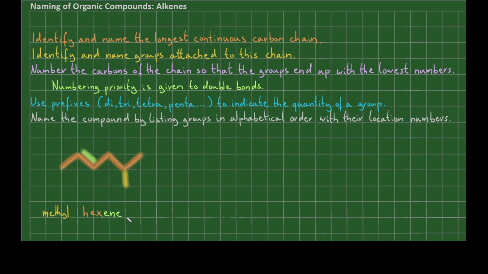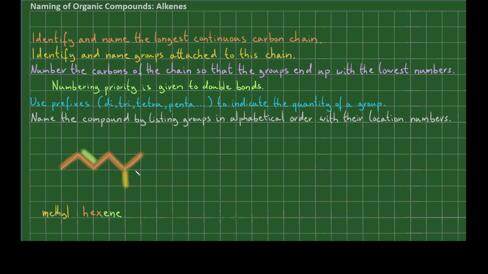Where are the double bond and the methyl located? To answer that, I need to number the carbons. Now I have a decision to make. From which side should I number it? If I number it from right to left, methyl will end up on carbon number 2.